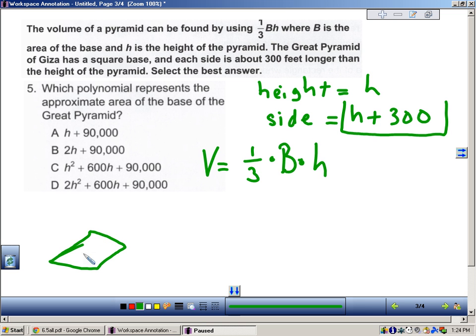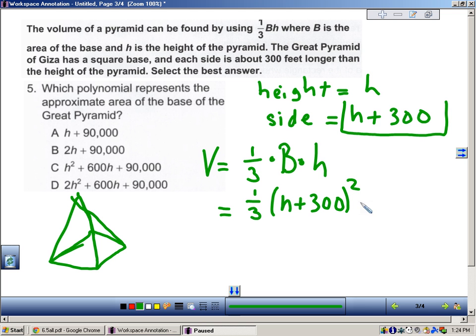Not very good at visualization. But then you have a pyramid, right? Something like that. So it's square, so it's length times width, which is h plus 300 squared. So I'll write that out. And so this is the volume, and the base itself is this expression here.